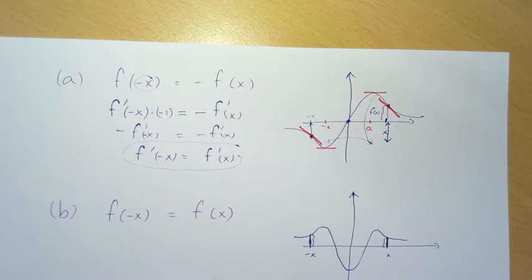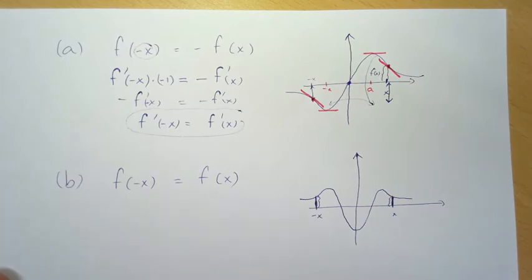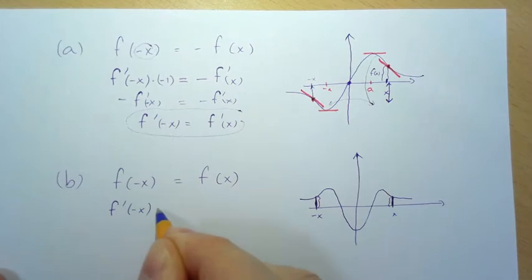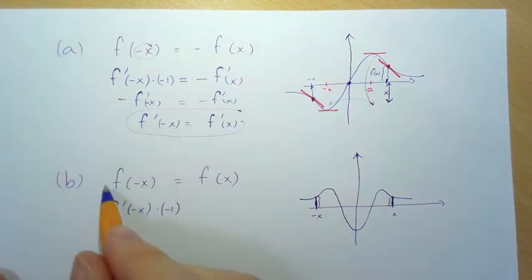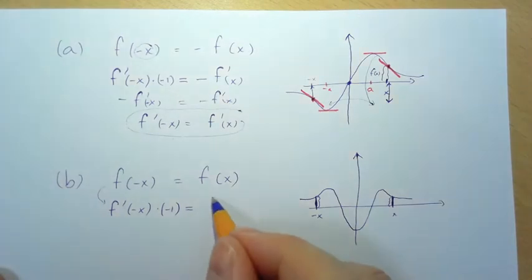So this property has a mirror property, if you may, that if we have an even function, f of negative x equals f of x, then its derivative is odd. And that's pretty quick. F prime of negative x times negative 1, I just took the derivative, multiplied by the inside derivative, equals f prime of x.